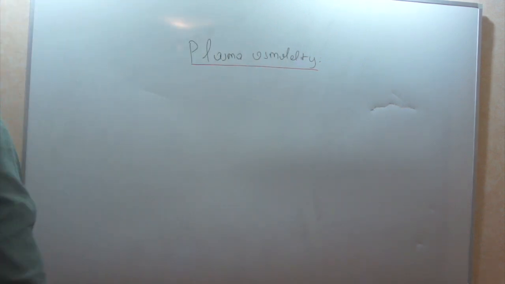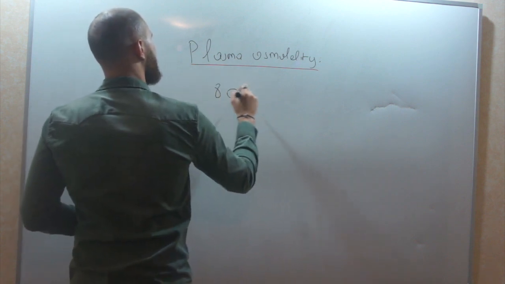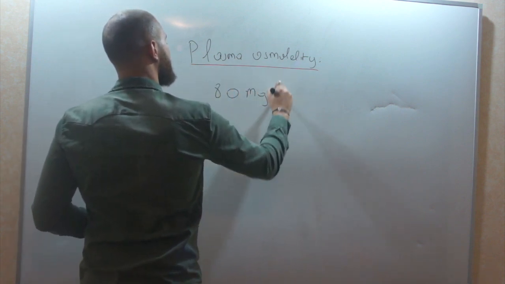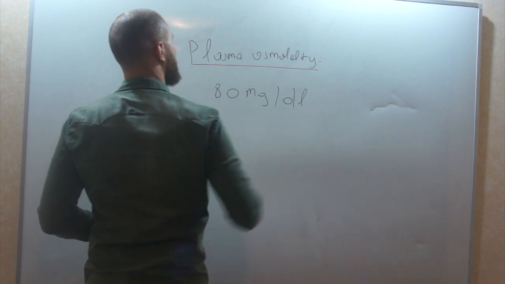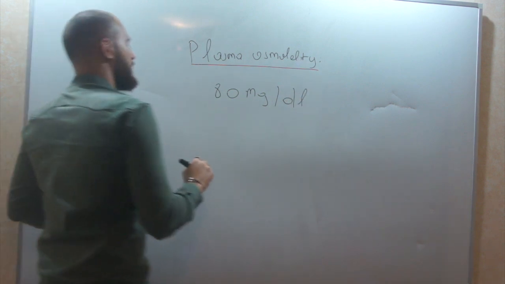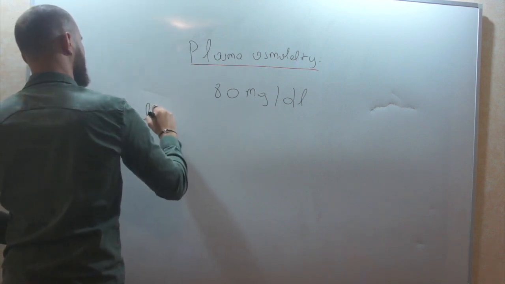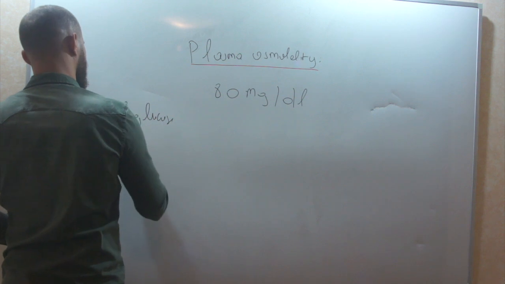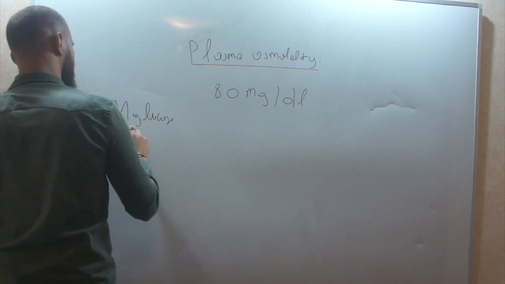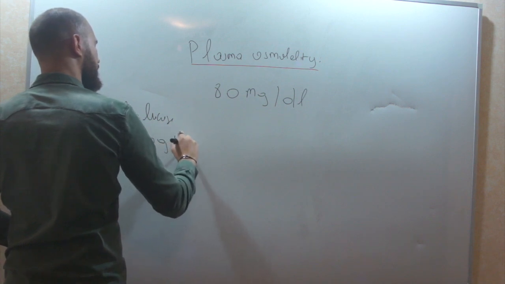So for glucose, we have 80 milligram per deciliter of glucose in the plasma. The molar mass of glucose, I talked about this earlier, is 180 gram per mole.